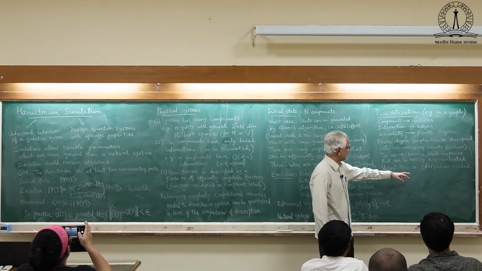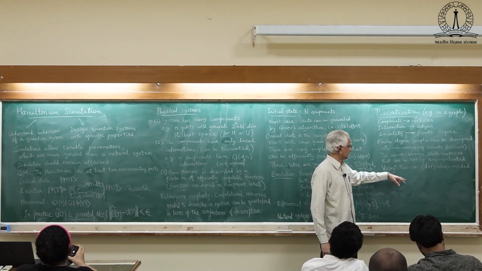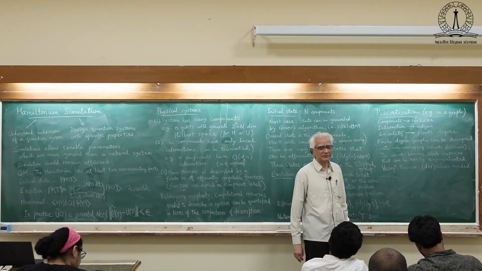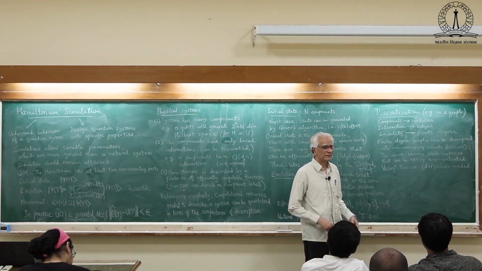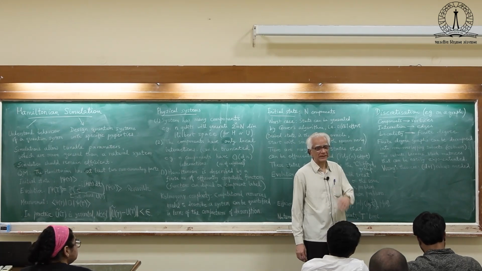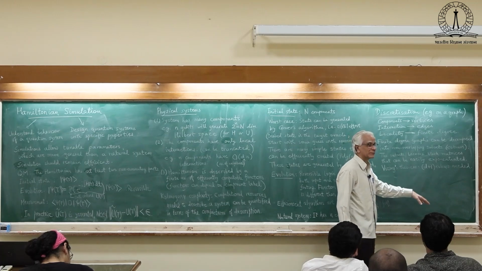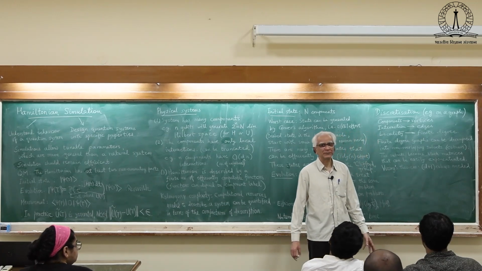But if I give you a graph and a value of d, then finding this decomposition into these colors is an NP complete problem. Well, the theorem can be proved, but it doesn't give you the solution.